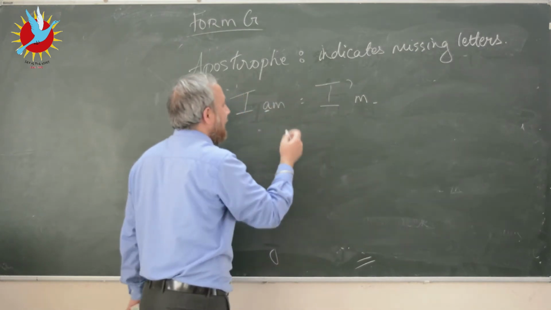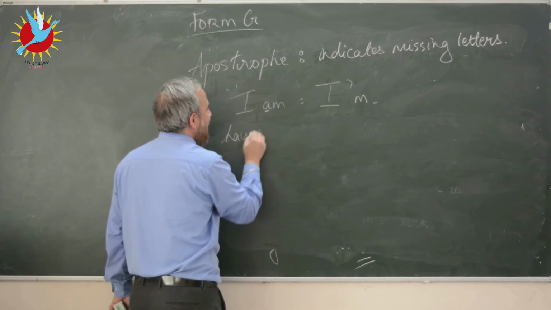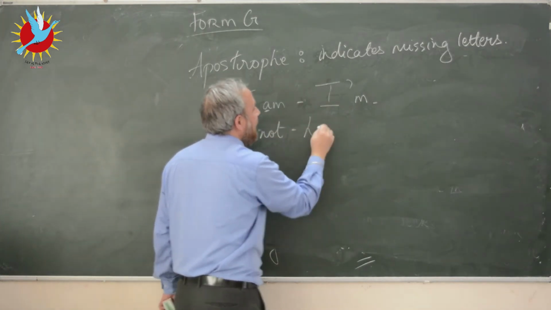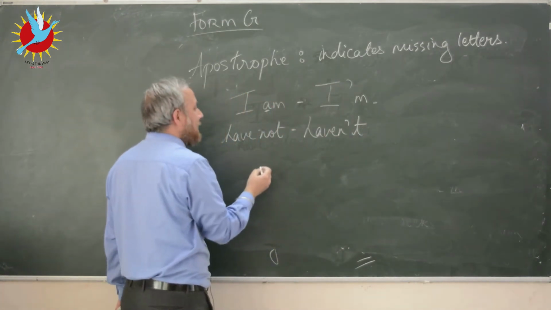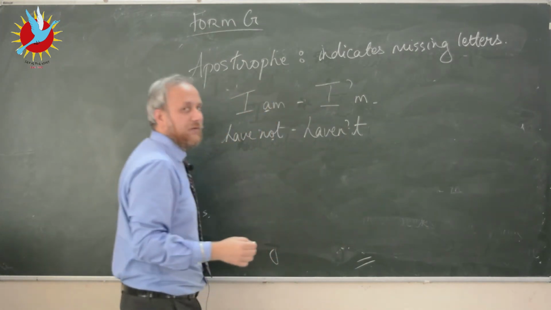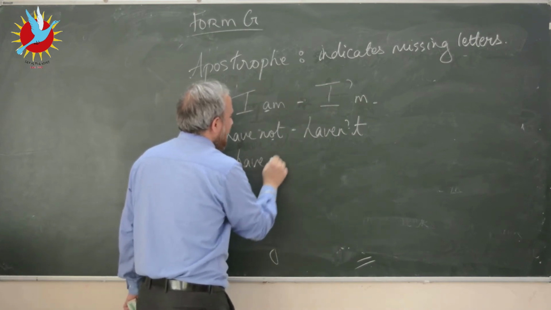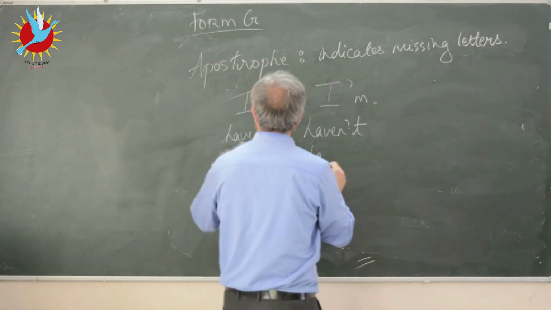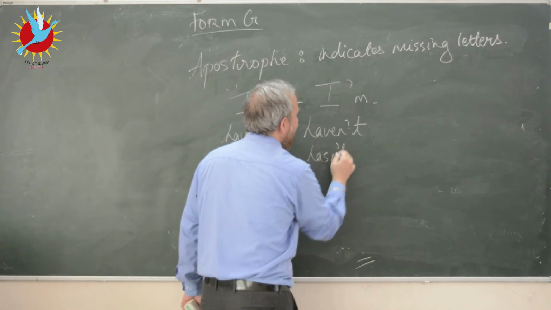So remember that. Similarly, I'll give you a few more examples. Let's say have not. Have not becomes H-A-V-E, haven't. So in place of the letter O, I've used the apostrophe. Or let's say has not will become hasn't.